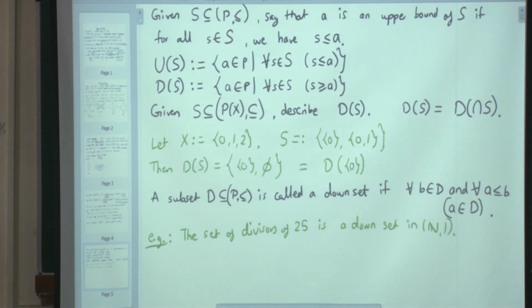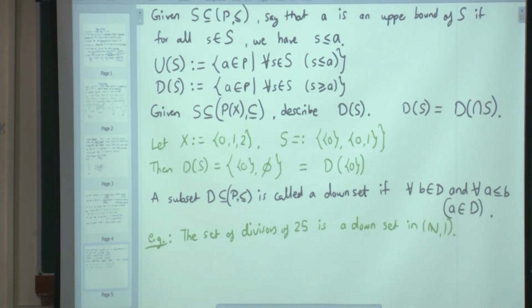Observe why. Suppose n is a divisor of 25 and m divides n, then m also divides 25. Simple thing. So it's a downset.